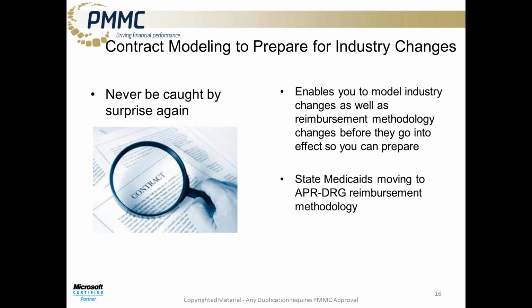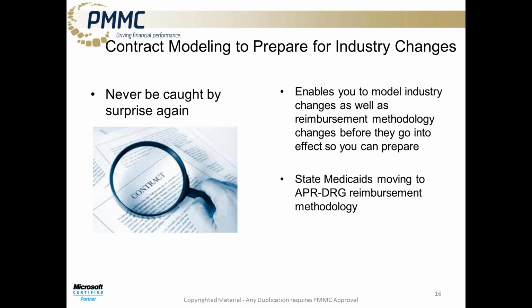The other thing that you can use modeling tools for is just finding out what a new industry change is going to do to your bottom line. You might not be able to change it, but information is useful to know ahead of time. For example, if one of your Medicaids is changing to APR DRGs, which is a big trend we're seeing, or you've got a contract that's changing to EAPGs.